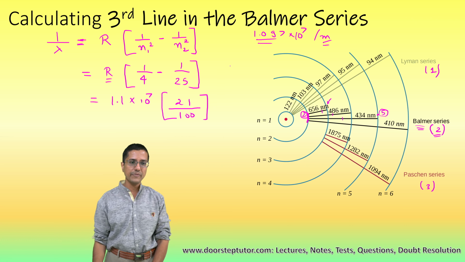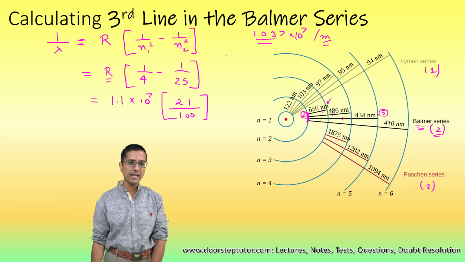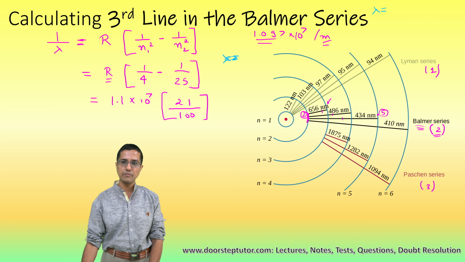Then I continue my work here because I have lack of space. So lambda would actually be equal to 100, I just have to take the reciprocal of both sides, divided by 21 into 11.